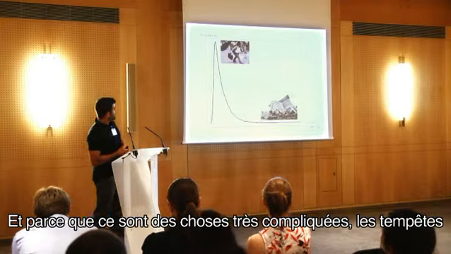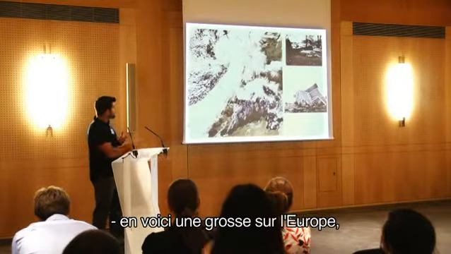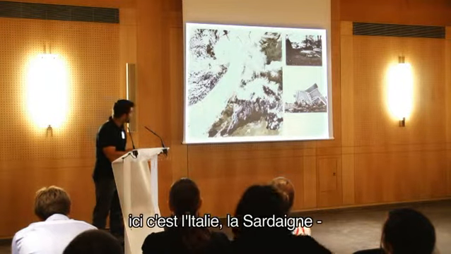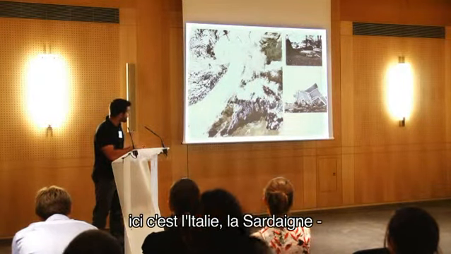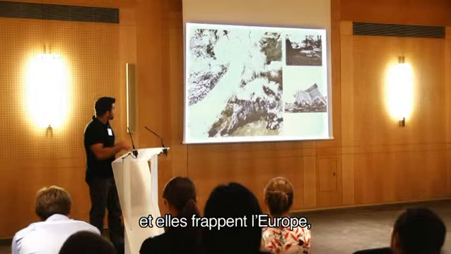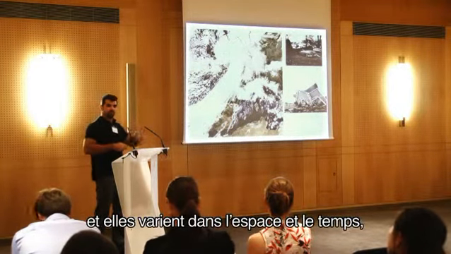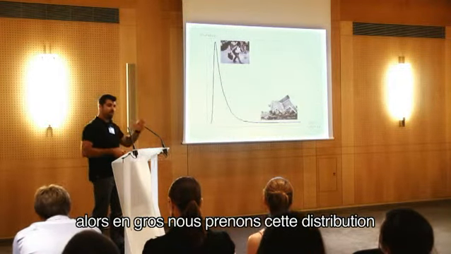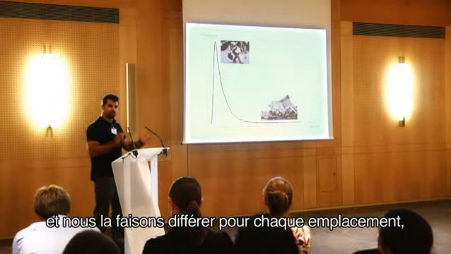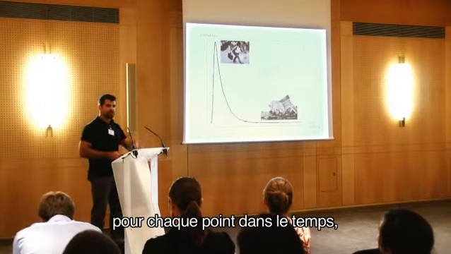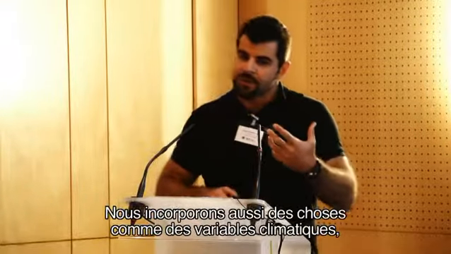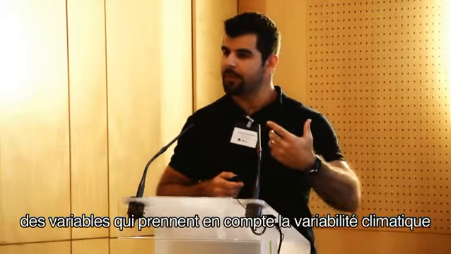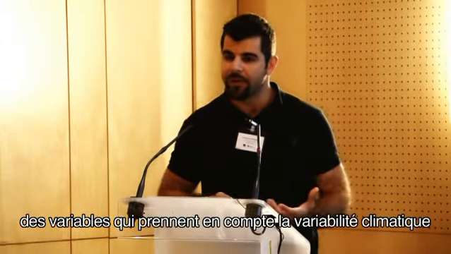And because storms are quite complicated things, you see, this is a big one over Europe. I don't know if you can see, this is Italy here, Sardinia. And they hit Europe, so they're varying in space and time and all that. So basically we take this distribution and we make it different for each location in space, for each point in time, for each season, for each month. We also include climatic variables, so variables that capture climate variability.